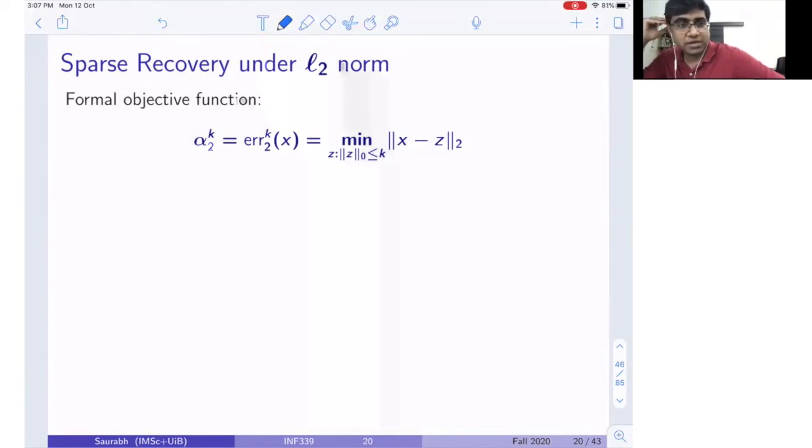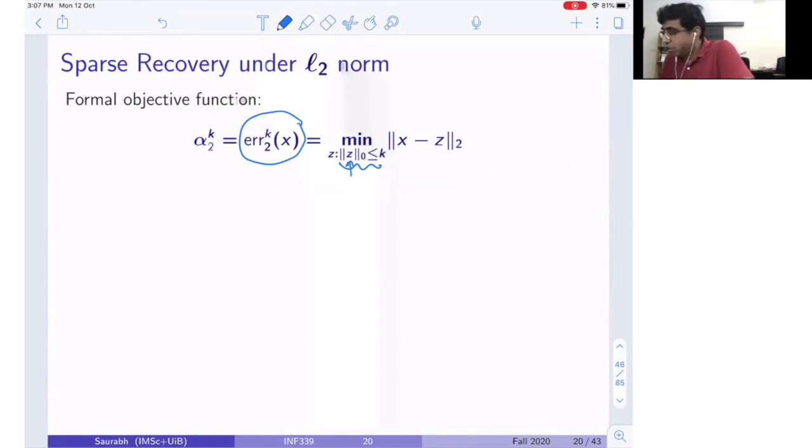This is what I would like to minimize, under the L2 norm. I would like to find z which has at most k coordinates, and I would like to minimize the norm of x minus z in L2, and this is my error term.